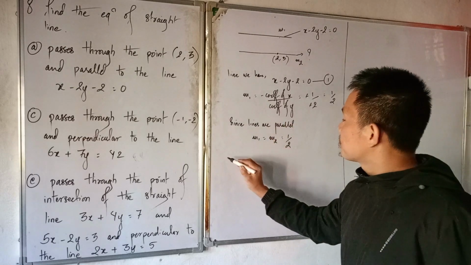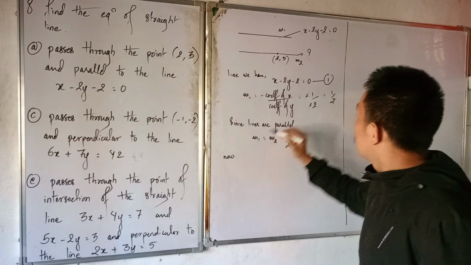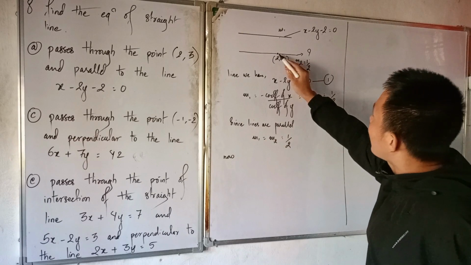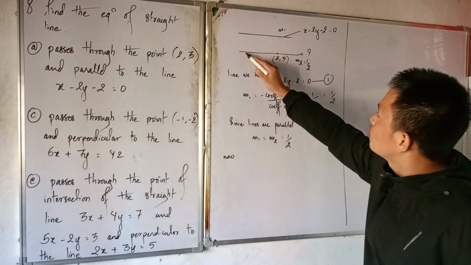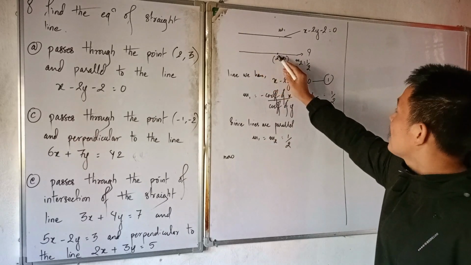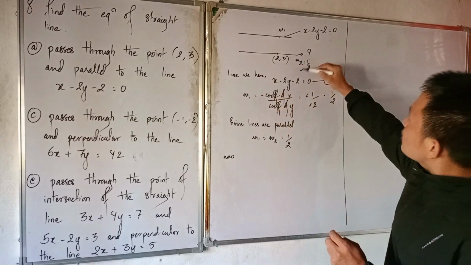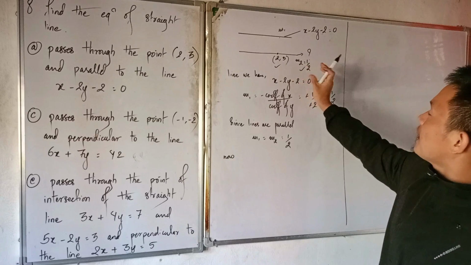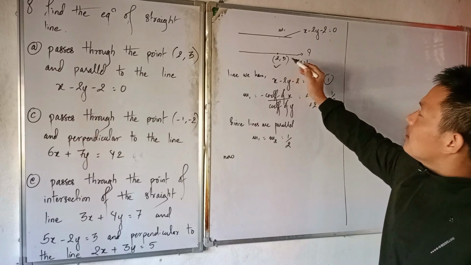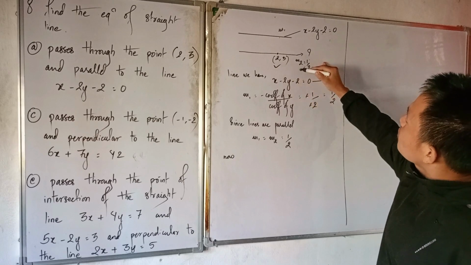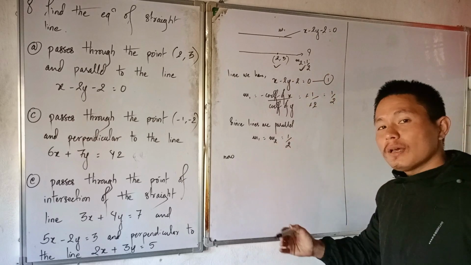So now you got the point through which the line passes, and also you got the slope of that line.